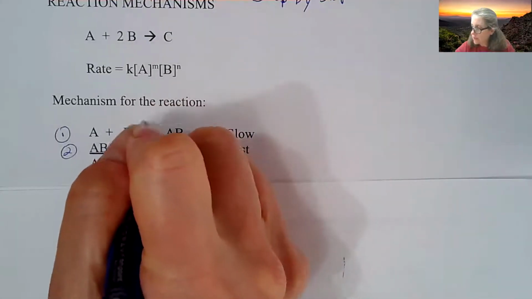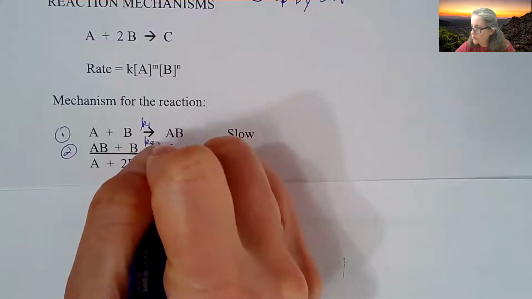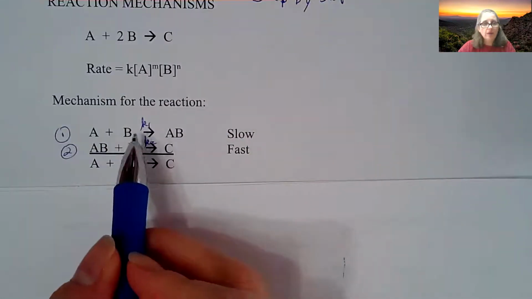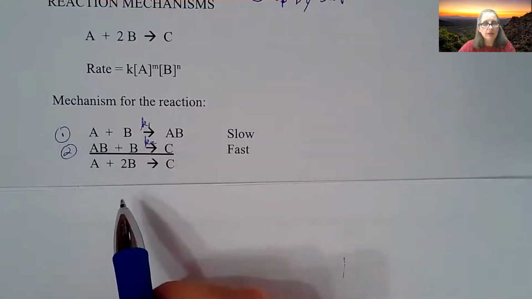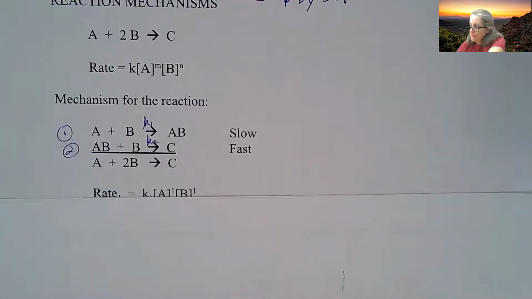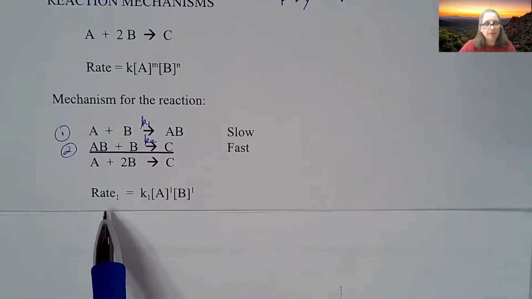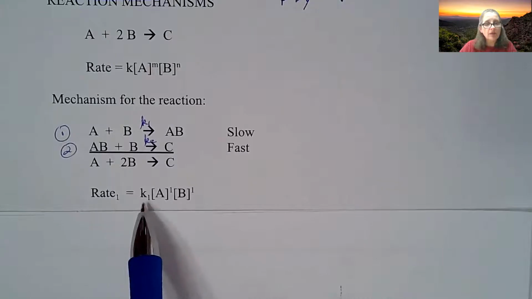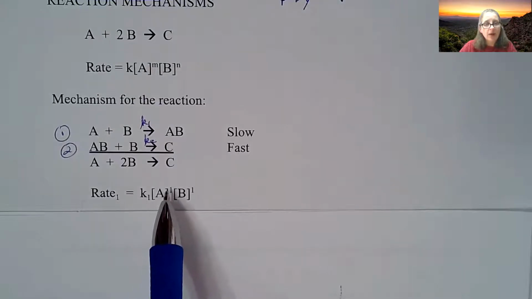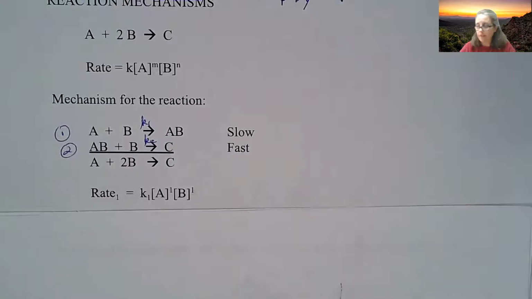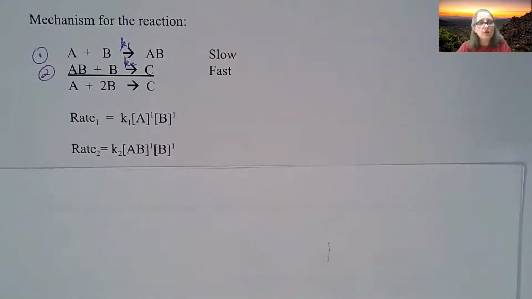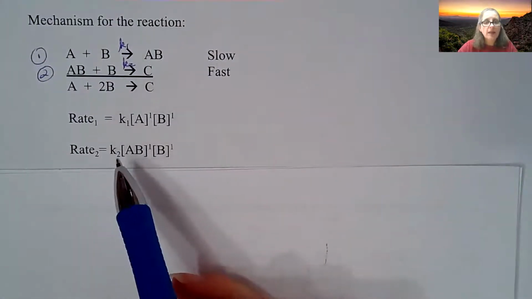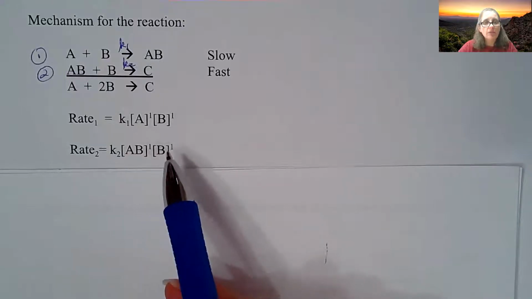This is what I call K1 and K2, meaning for this reaction there is a constant, and for this reaction there is a constant. If I take a look at the first reaction, the rate of this first reaction is K1, A to the power of 1, B to the power of 1. And then the second reaction is rate equals K2, AB to the 1, B to the 1.